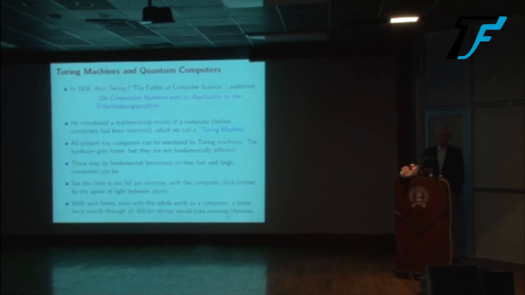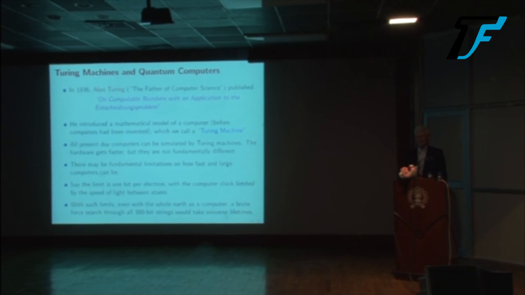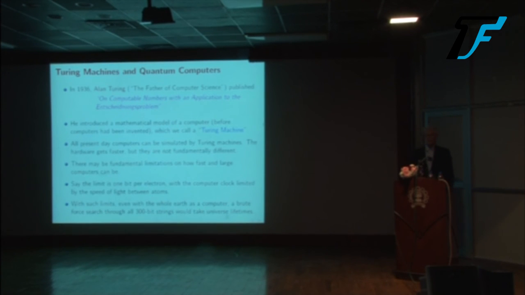Now, I should also mention something about quantum computers. There is a standard mathematical model of a computer, the so-called Turing machine, that goes back to Alan Turing in his famous 1936 paper on computable numbers with applications to the Entscheidungsproblem. This is the accepted general model of a computer. Even existing conventional computers can be modeled reasonably by Turing machines.